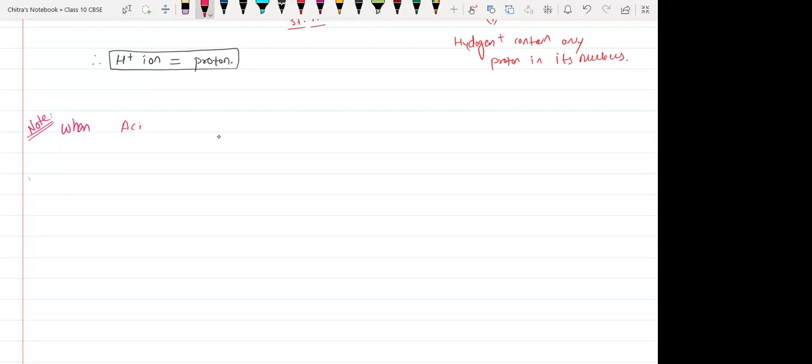When acids dissolve in water, they produce H positive ion, which is considered as a proton.